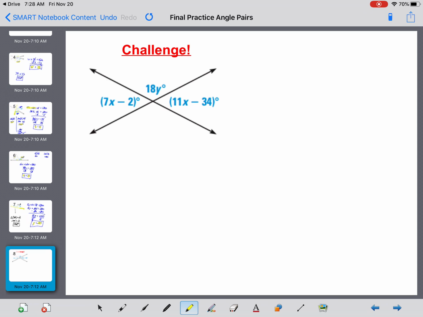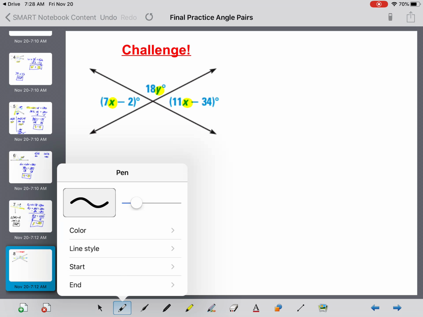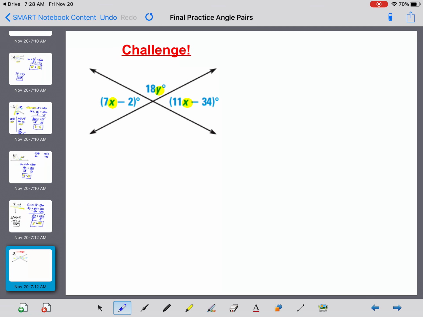Your last one is your challenge problem. So if you look at the variables given, we have an x, a y, and an x. You're going to start with the variables that are the same, which are your x's. They're vertical angles, so you set them congruent to each other. 7x minus 2 is equal to 11x minus 34. We have an x value on the left and an x value on the right of your equal sign.